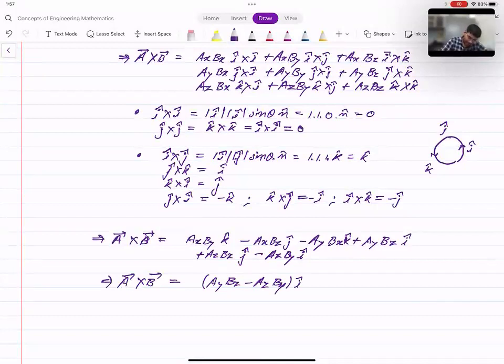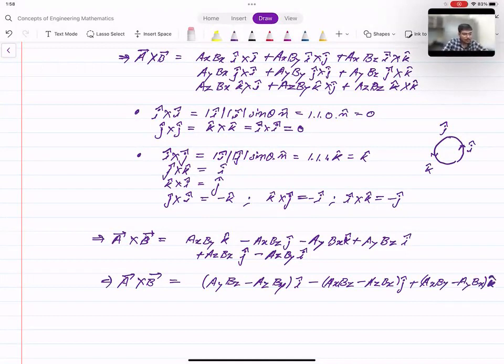Then we have the j terms, so plus, let me take the minus outside, so this is minus (ax bz minus az bx) j cap. And then we have the term which is (ax by minus ay bx) k cap.